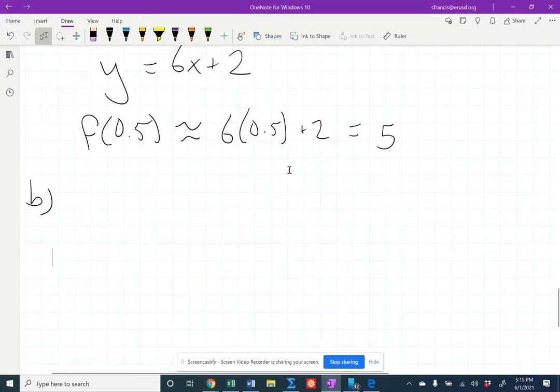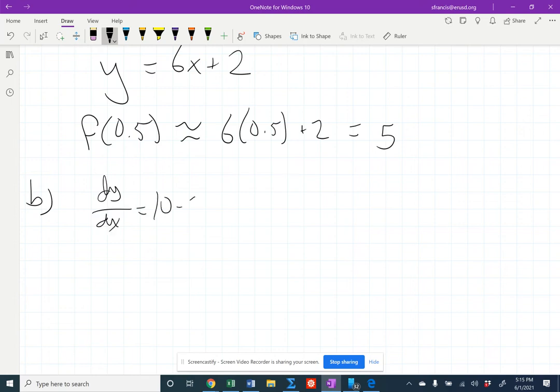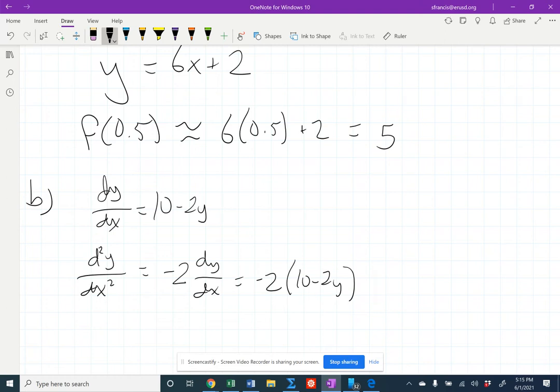All right, so if the first derivative is 10 minus 2y, then the second derivative of y with respect to x is going to be negative 2 times dy over dx, or negative 2 times 10 minus 2y. I want to evaluate that at 0, 2.